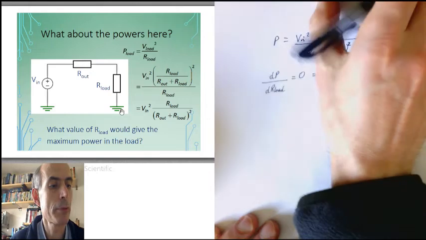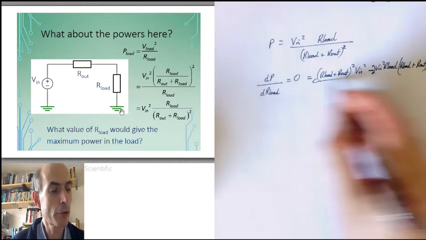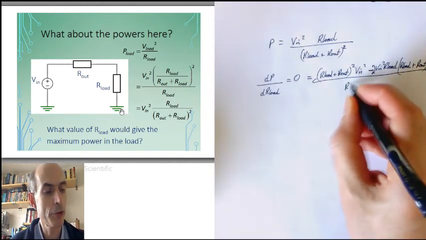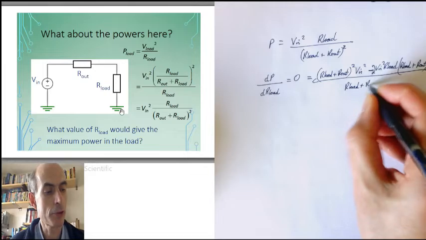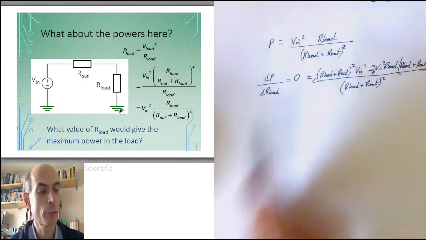I'm going to run out of paper. All over what was on the bottom squared, R load plus R out squared. That's just the formula for the differential of a quotient.